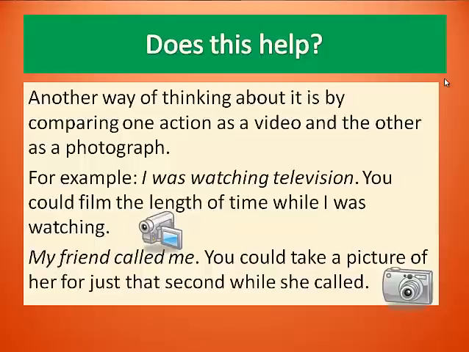But could you actually film the moment my friend called me? It would be much easier if you just take a picture of her for just that second while she called. So the video part is the long action and the camera click is the short action.